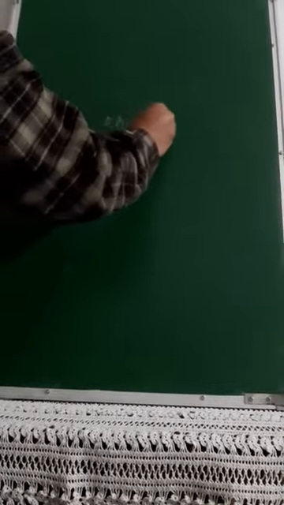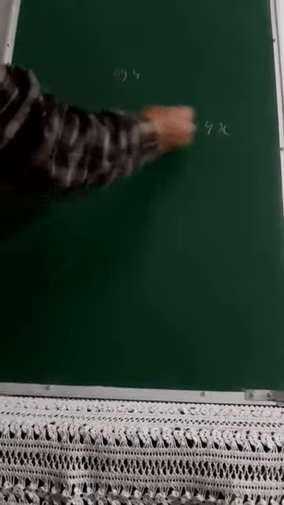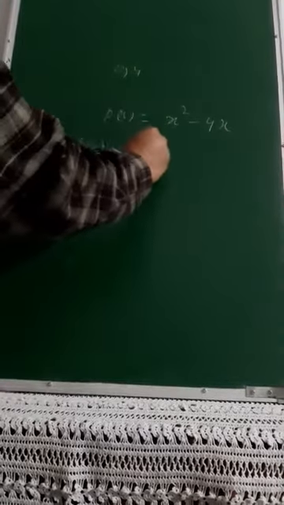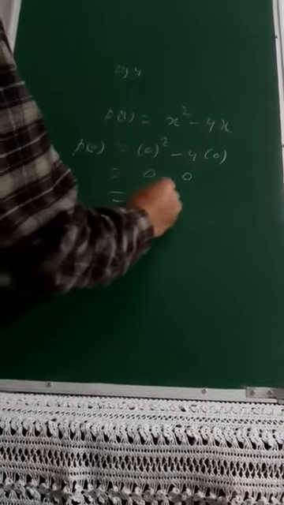Then next, you check, verify that 0 and 4 are the zeros of the polynomial. You have to verify for the polynomial p(x) is equal to x square minus 4x that 0 and 4 are the zeros. So when it is the case of 0, this makes 0 square minus 4 into 0, 0 minus 0, that is equal to 0.